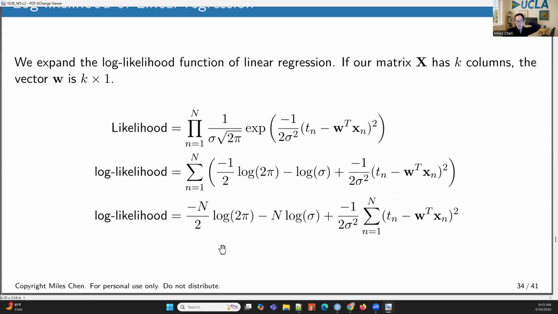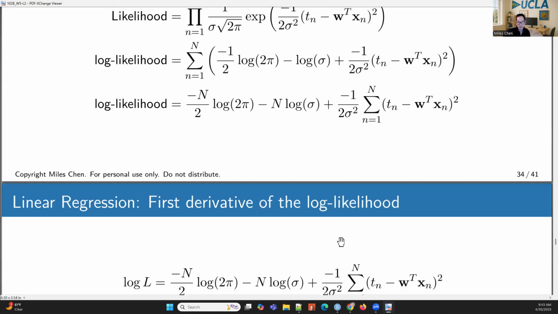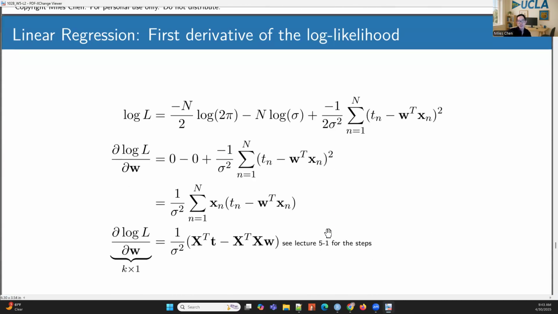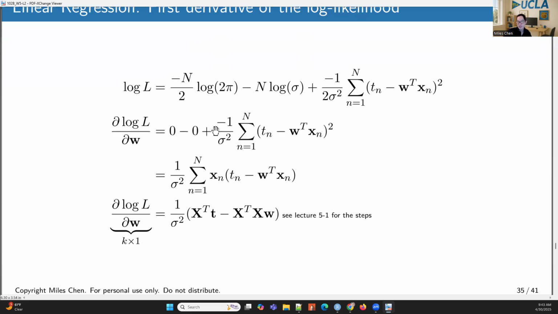So if I expand all of this out, my log likelihood is equal to this. I'm skipping over some of this because we've seen all of it already.